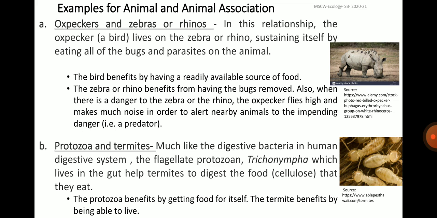The termites feed on wood, but they cannot digest cellulose food without the flagellates. If the flagellates are separated from the termites, they cannot digest food and die within 10 to 20 days. The flagellates in turn get protection, moisture, and continuous supply of food in the intestine of termites.